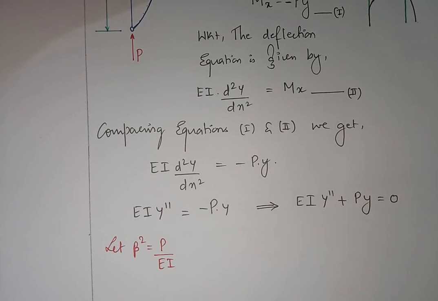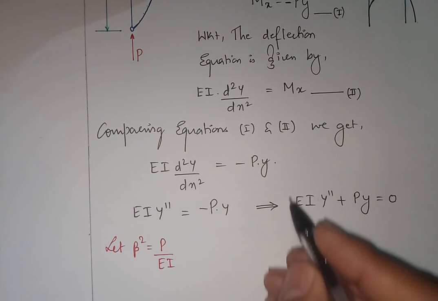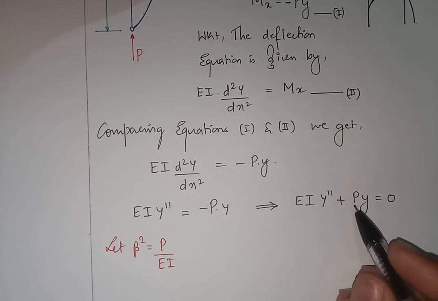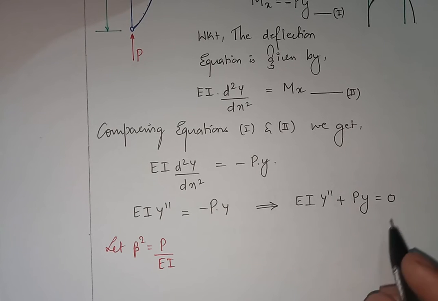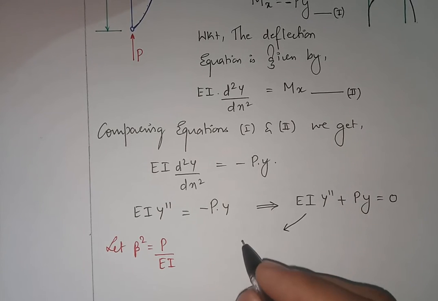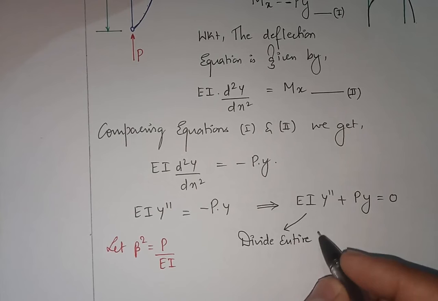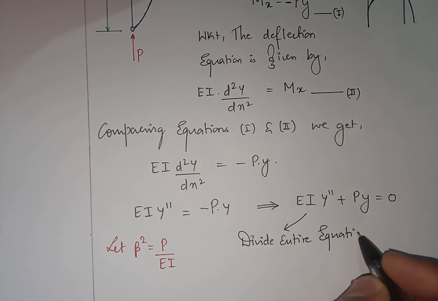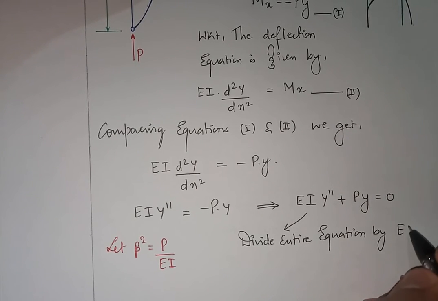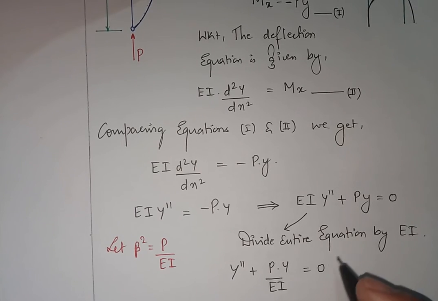Now let me divide the entire equation EI y double dash plus P y is equal to 0 by E into I. So what I'll be getting, y double dash plus P into y divided by EI is equal to 0.